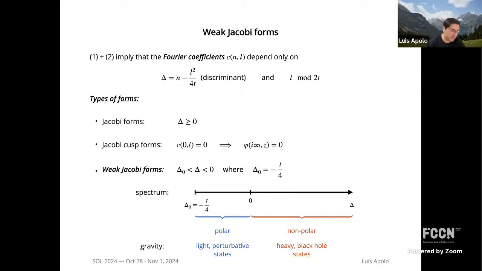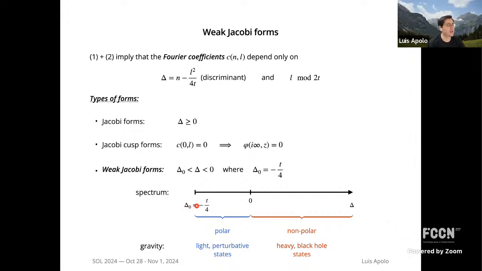The spectrum of the weak Jacobi form has two types of states. There are states that have a negative discriminant. They're known as polar states. In the context of holography, which is where we want to use all of this technology, these correspond to light perturbative states in gravity. Here, delta naught, which is the lowest value of the discriminant, I will usually call the most polar state.